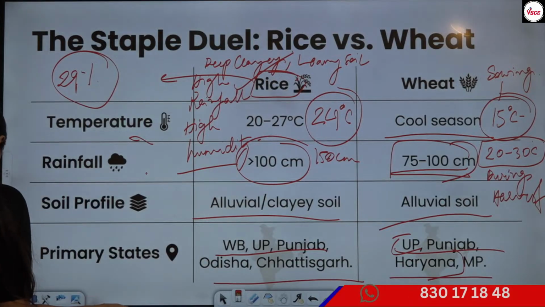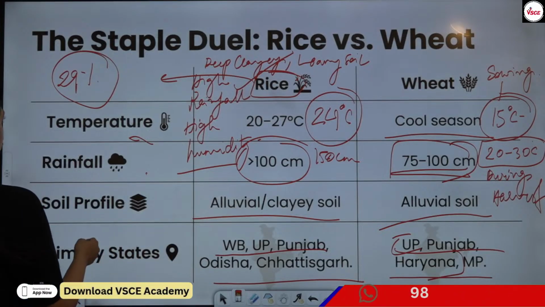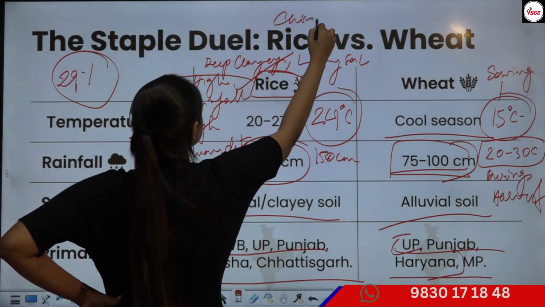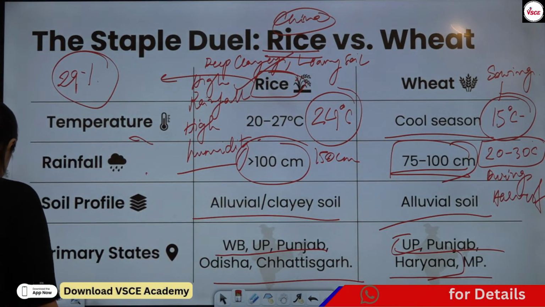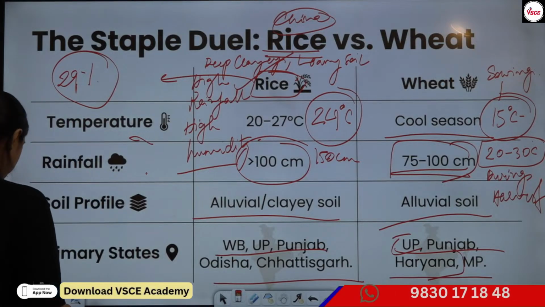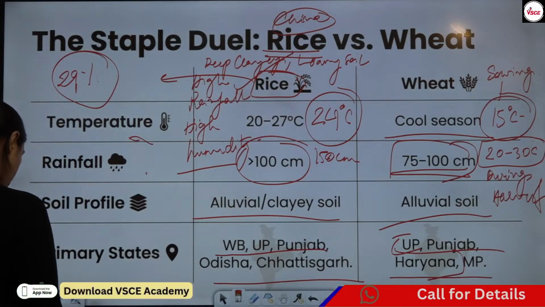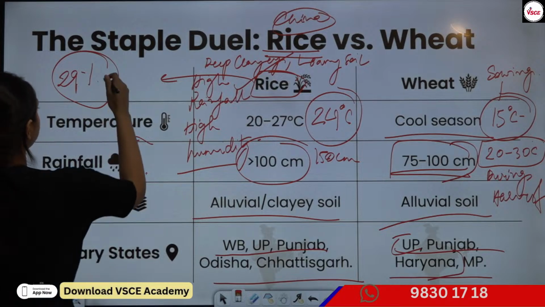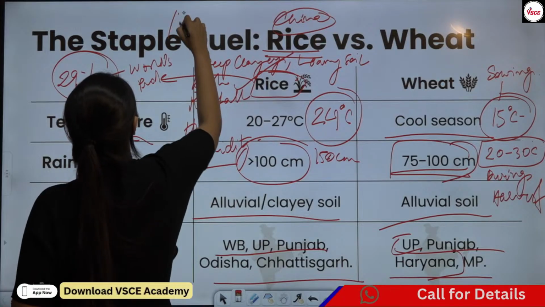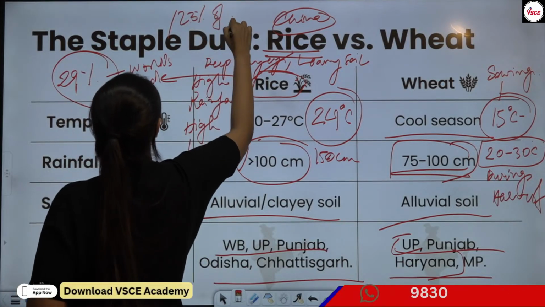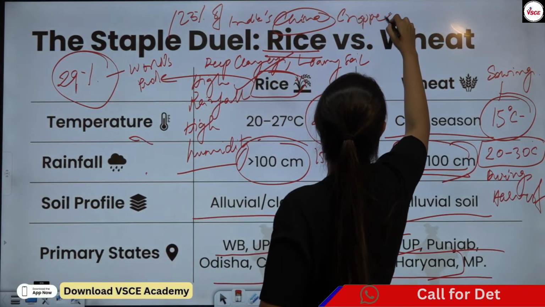About 22% of the world's rice... India is the second largest producer of rice in the world, next to China. 29% of the total rice area of the world is in India, and 29% of the world's production, and 23% of India's cropped area is occupied by rice.